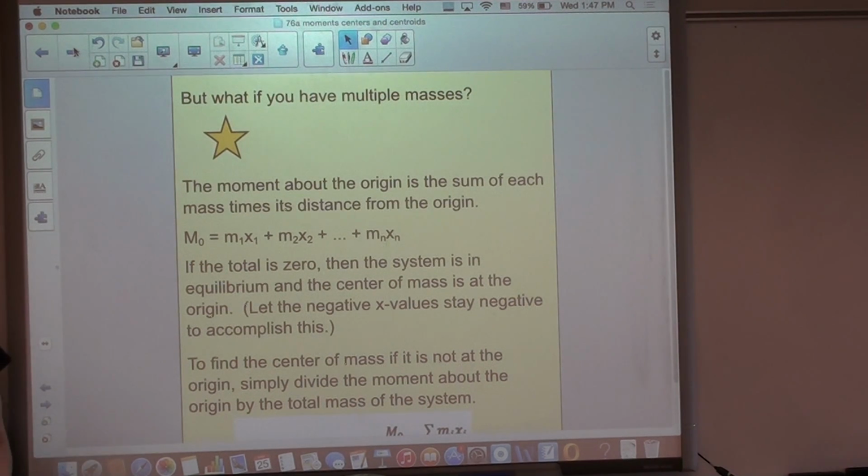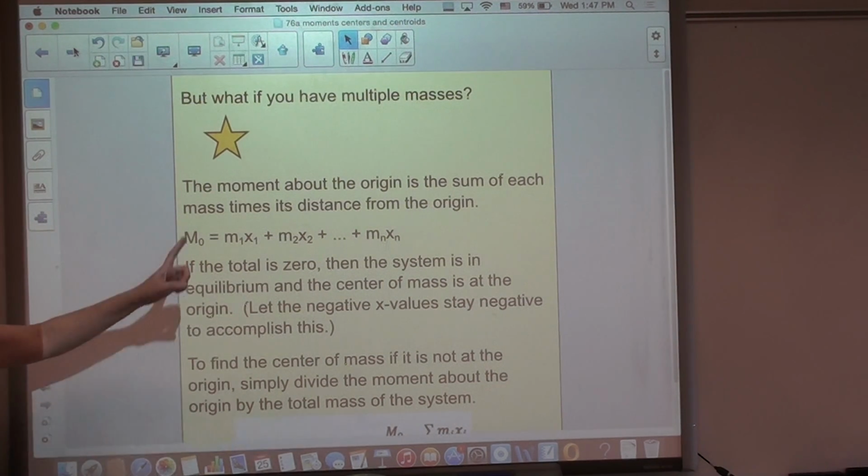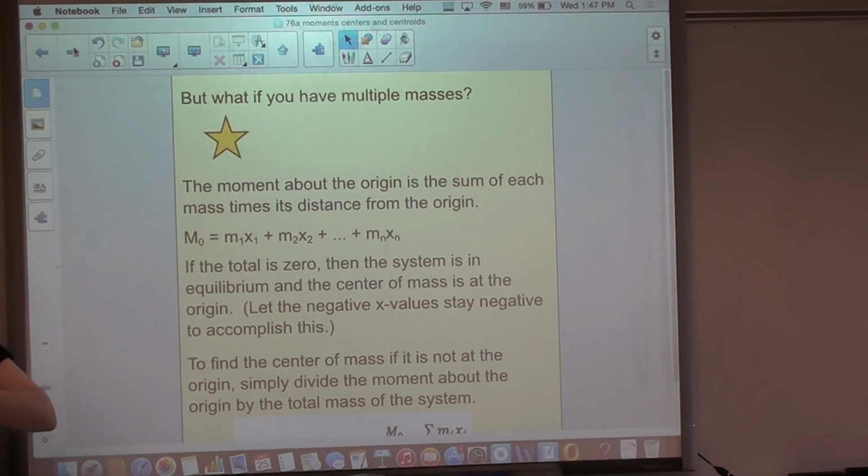The moment about the origin is the sum of all the moments. You take all the moments, it's just mass times the x value, add them all together, and that gives you the moment about the origin. For this to work properly, you keep the positive x as positive and the negative x as negative.